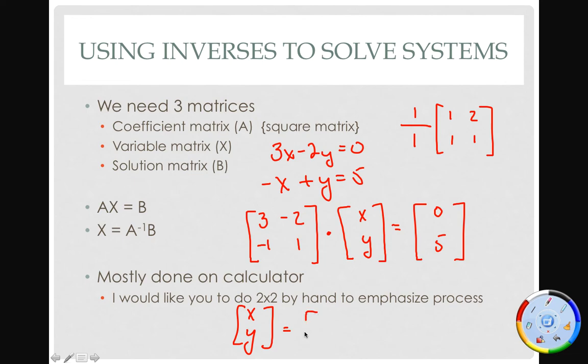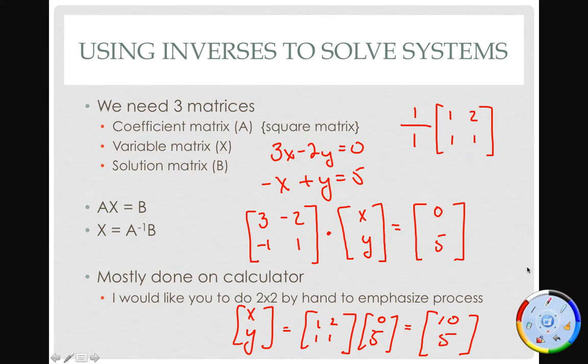And so we would do the matrix 1, 2, 1, 1 times the matrix 0, 5 by hand, which is not too bad. We would get the matrix 0 plus 10 and 0 plus 5. And what this tells me is x is 10 and y is 5.